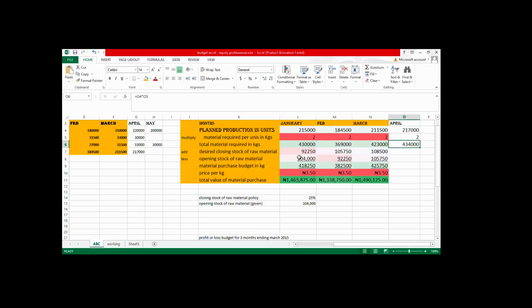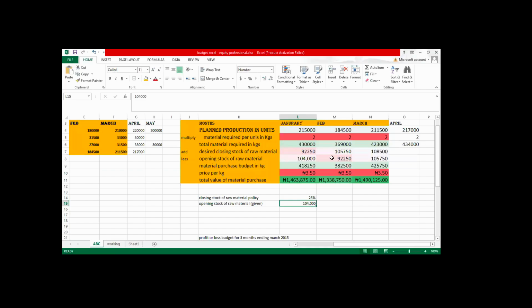You now come to your opening stock. Examiner says, as at 1st January, opening stock of raw material is 104,000 kg. We pick that. That is the opening stock for January. Now, what about February?